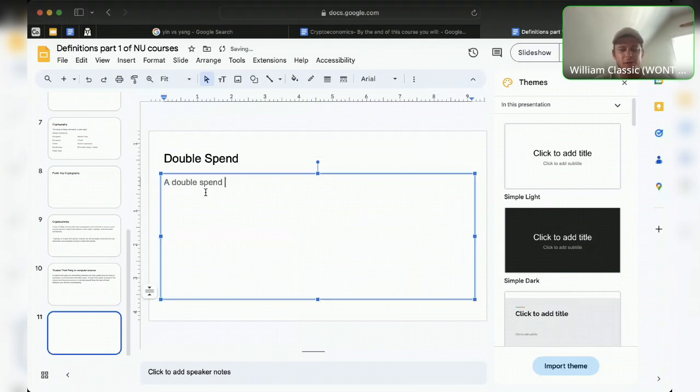A double spend is when a user's balance is spent twice by sending it to two different receivers or recipients at the same time, before Bitcoin.